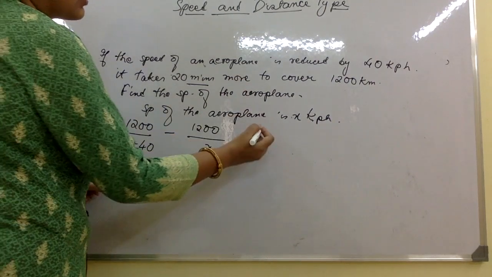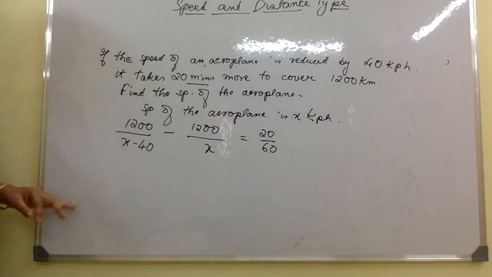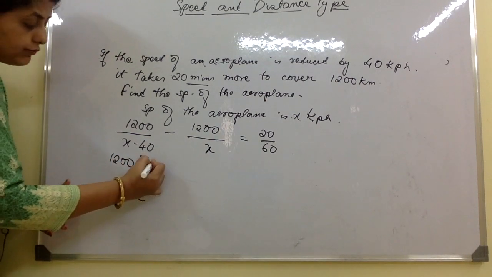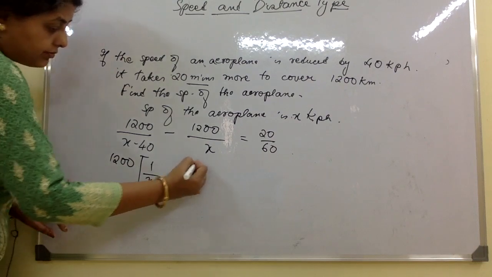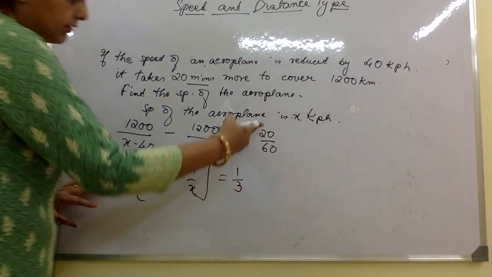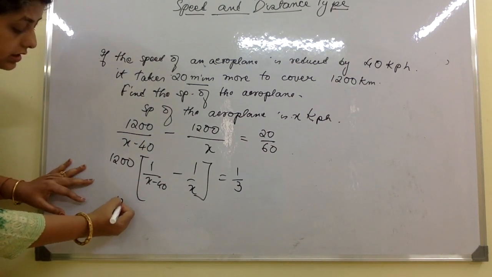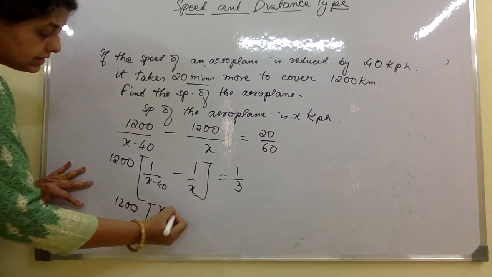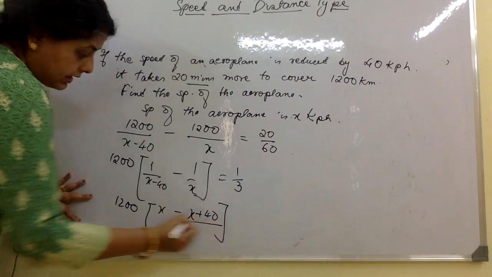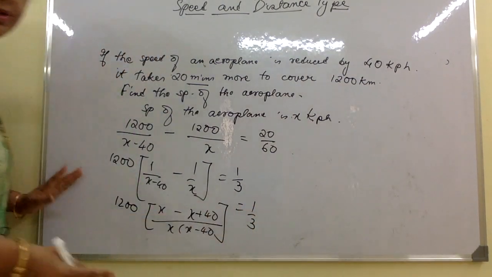Now the 20 minutes I shall convert to hours. Let me start with the sum straight away. This is 1200 by x minus 40 minus 1200 by x, that is equal to 1 by 3. Proceeding with 1200 times x minus x, note the change in sign, plus 40, and then x into x minus 40, that is equal to 1 by 3.